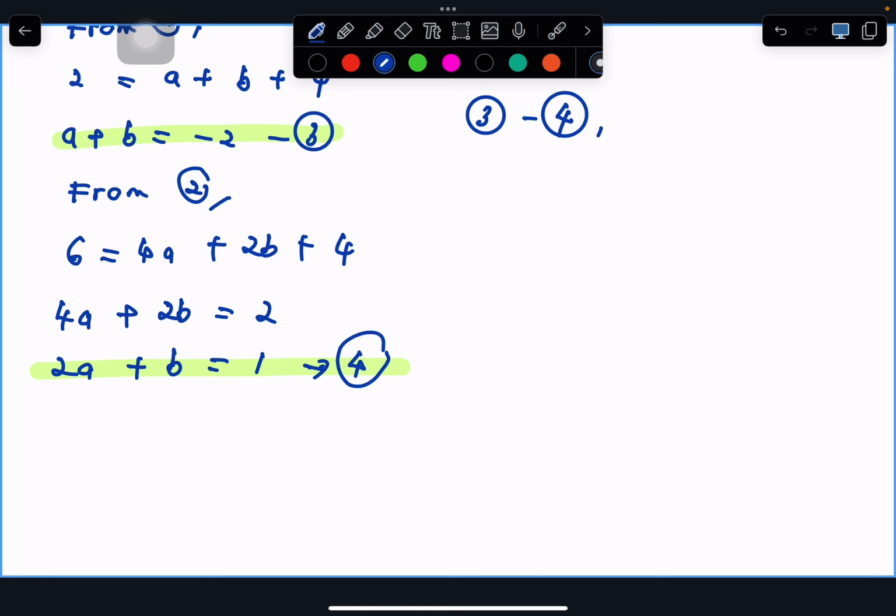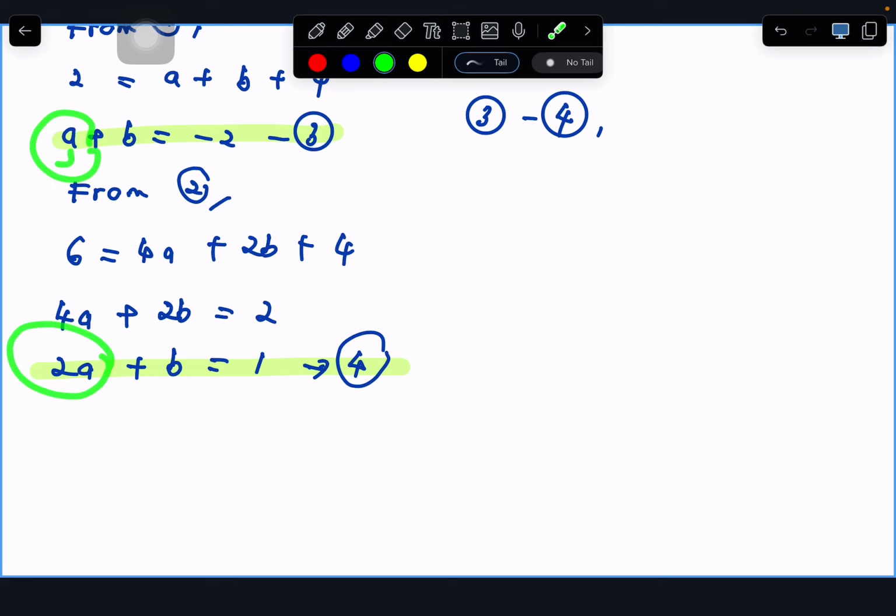So 3 minus 4. We have to take a minus 2a. What is a minus 2a? Minus a.